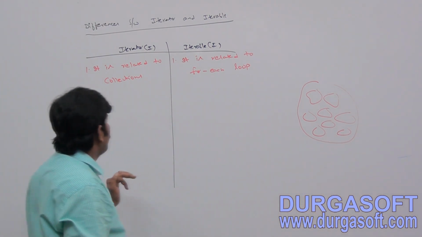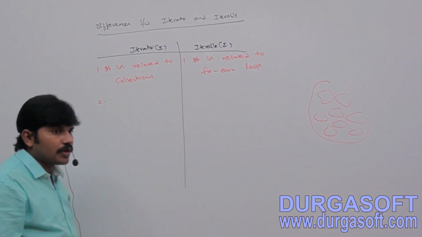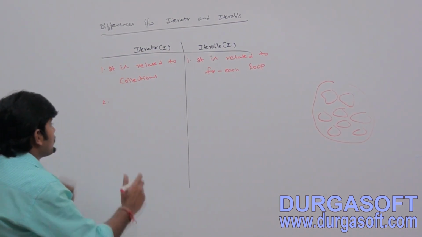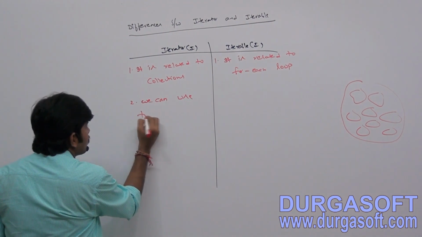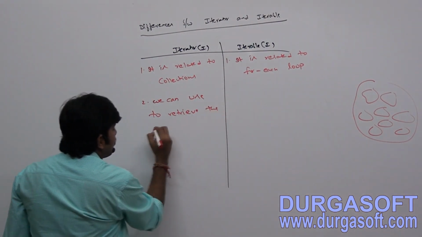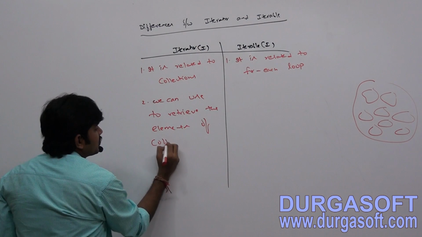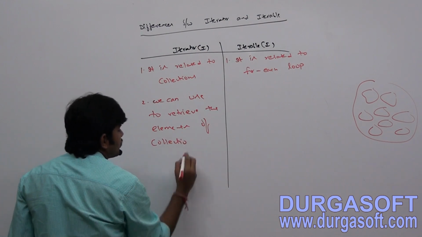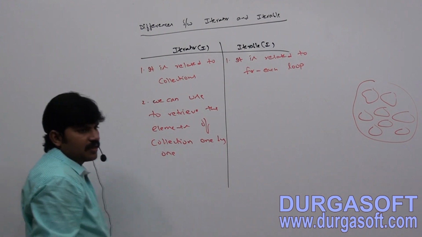Now, sir, I want to get these objects one by one. Then we should go for what? We can use iterator to retrieve the elements of a collection one by one.